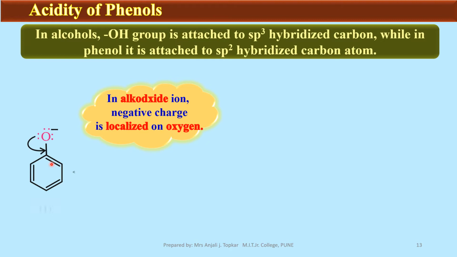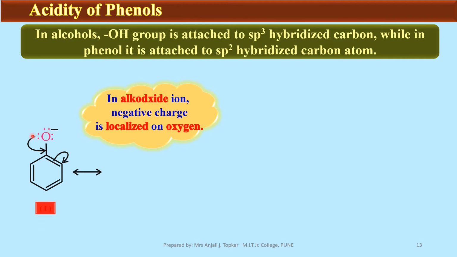When we talk about phenols, as the hydrogen atom of phenol is removed, there are 3 lone pairs on the oxygen atom, giving rise to the phenoxide ion with the oxygen atom negatively charged.